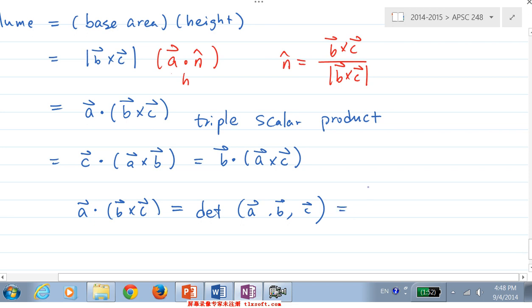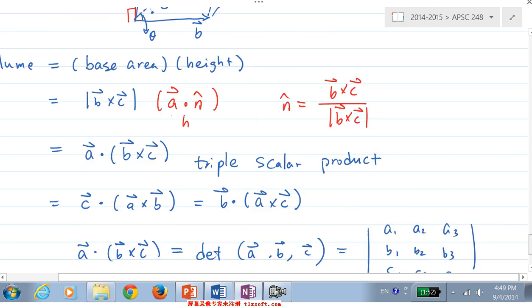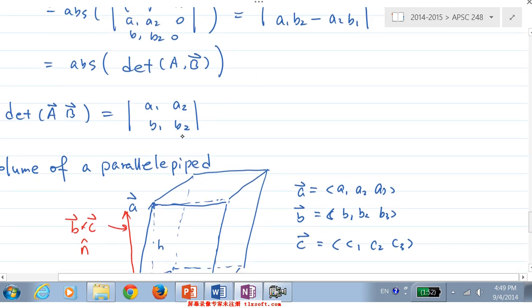The determinant of A, B, C means the rows A1, A2, A3, B1, B2, B3, and C1, C2, C3. So the volume of a parallelepiped is equal to the determinant of this 3 by 3 matrix. And we all know how to calculate the determinant of this. So that's a nice connection between the volume and the determinant. Any questions? Okay, we're good. Thanks.